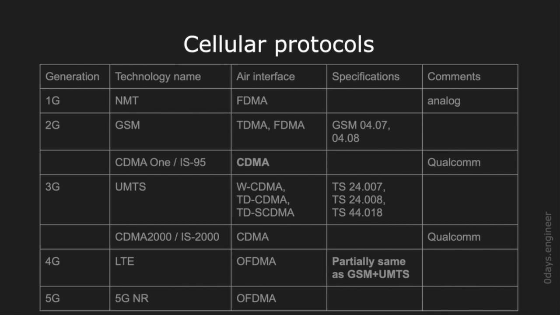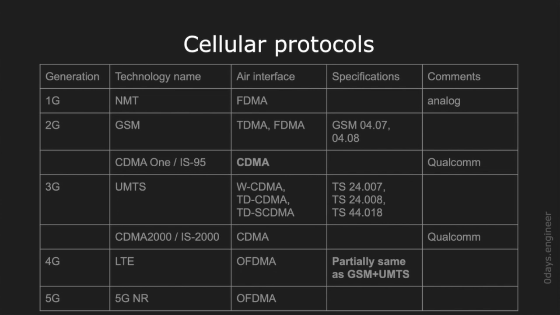So at the level of 2G, there were two main protocols, GSM based on the TDMA and CDMA1 based on the CDMA. In the third generation of mobile protocols, these two branches of development were continued. So GSM evolved into UMTS, while CDMA1 evolved into CDMA2000.